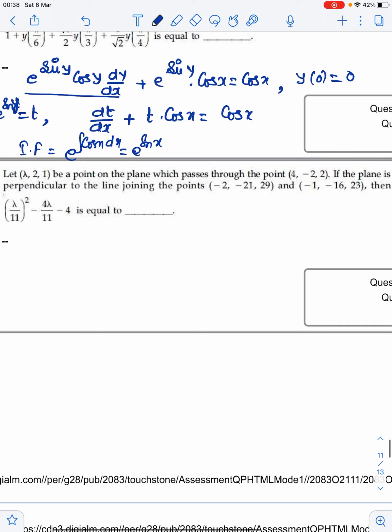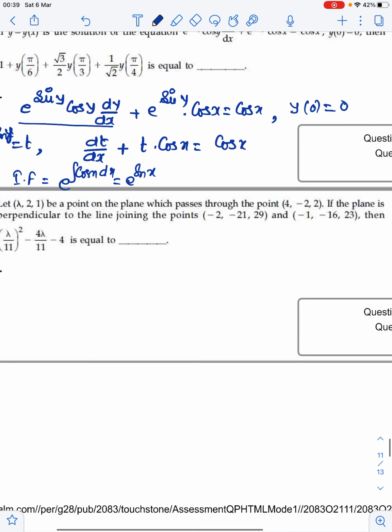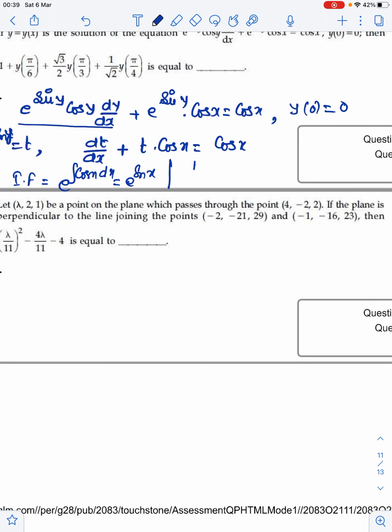So the solution will be what? The solution will be t into e to the power sin x equal to integration of e to the power sin x into cos x dx, which comes out to be t into e to the power sin x is equal to e to the power sin x.